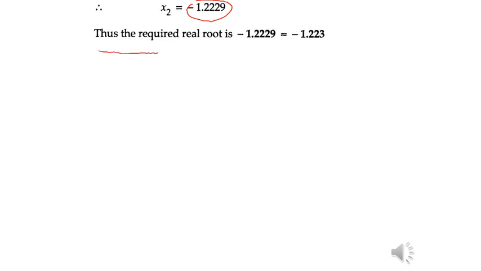You can conclude the result as -1.223. That is, we have corrected up to 3 decimal places. Since this number is greater than 5, we have given the increment to this number by 1. So this completes one more problem.